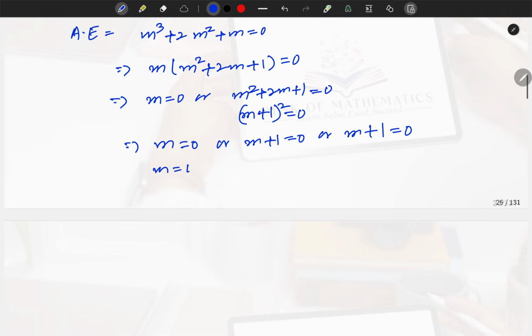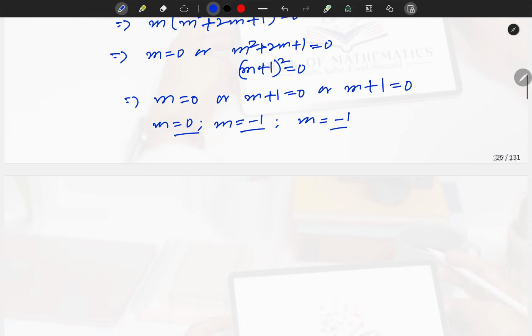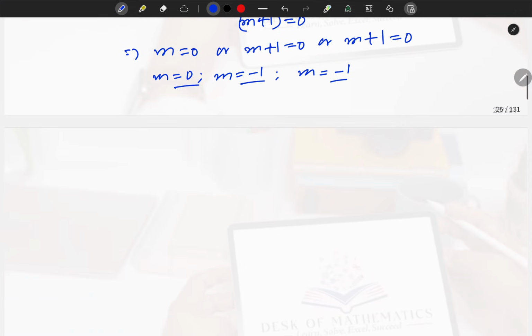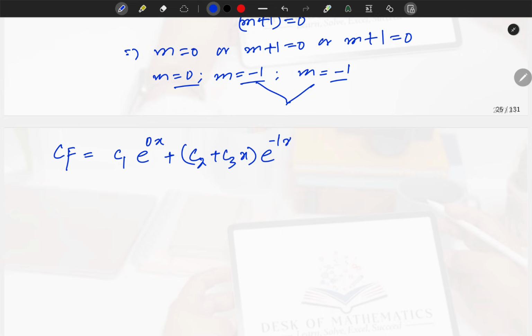So that is m is equal to 0, m is equal to minus 1, and m is equal to minus 1. So you have the three roots, 0, minus 1, minus 1, all are the real roots. So your complementary function will be equal to c1 e raised to power 0x, and these two are the same, so you write c2 plus c3 of x e raised to power minus 1x.